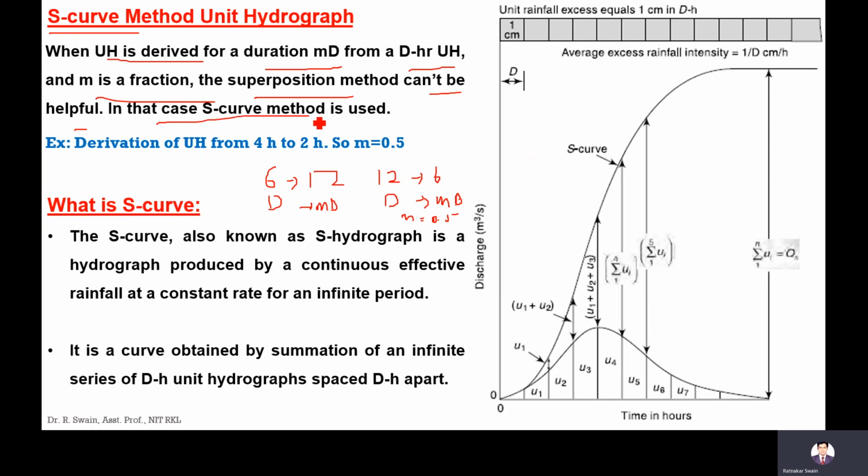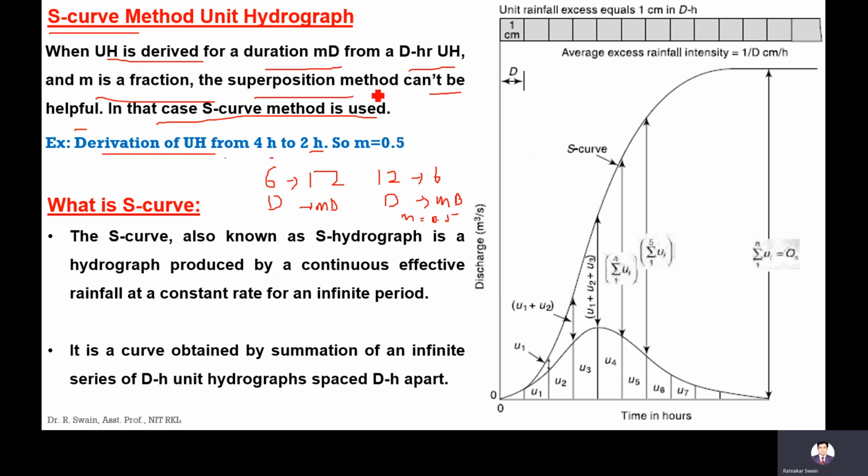In that case, the S-curve method is used. For example, derivation of a unit hydrograph from 4 hour to 2 hour. So M is 0.5, D is 4, MD is 2. Using the S hydrograph we have to determine this.